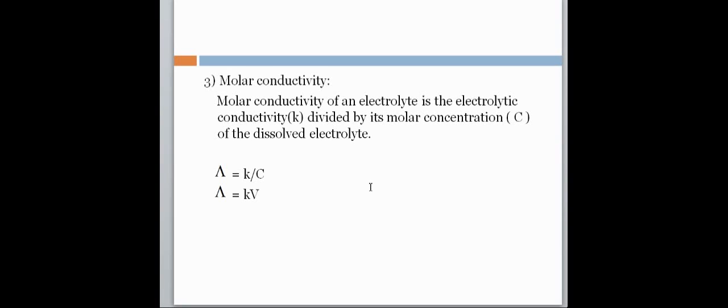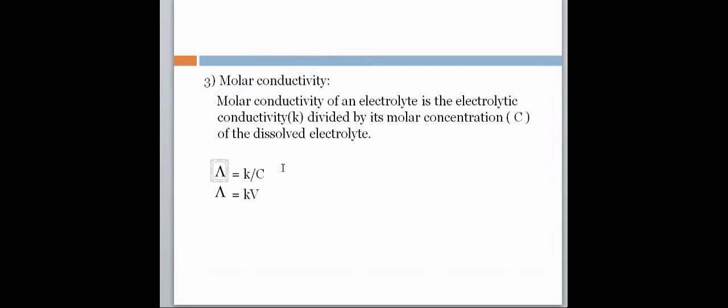But to specifically identify electrolytic solutions, or solutions which conduct electricity, how do we relate conductivity with those solutions? By introducing a new term called molar conductivity. Molar conductivity is denoted by the symbol lambda.